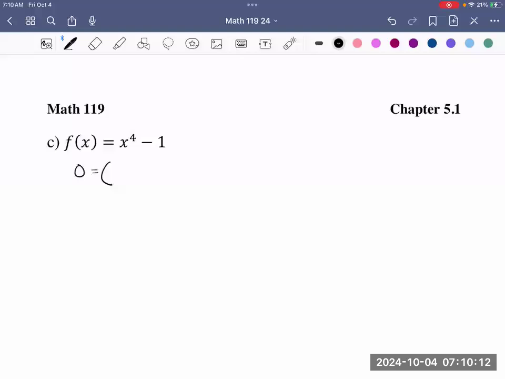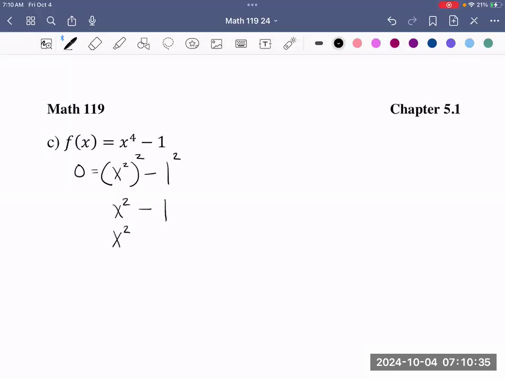quadratic-like problem. We can rewrite your x to the 4th as x squared minus 1. Do you remember these? Perhaps? And this is even a special one because this is a difference of squares. It's just kind of hidden in the mix. We said with your difference of squares, we really have two of these x squares now.